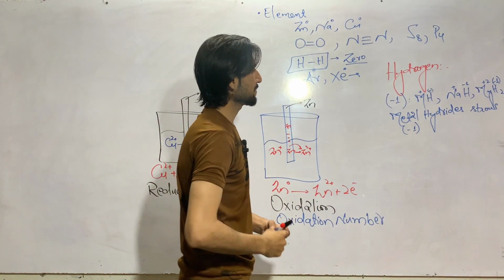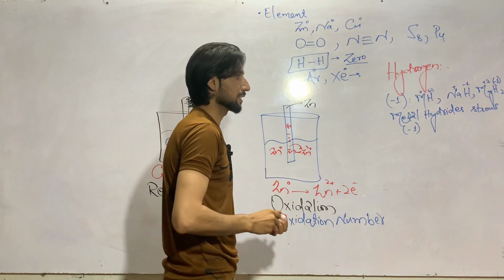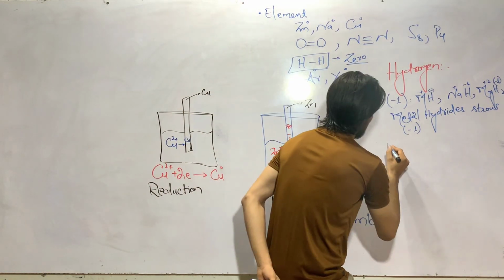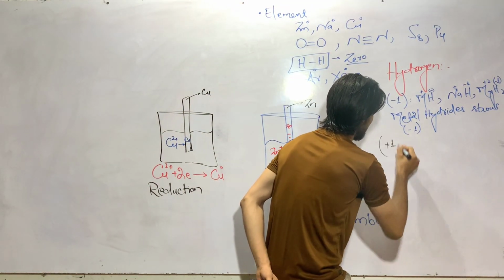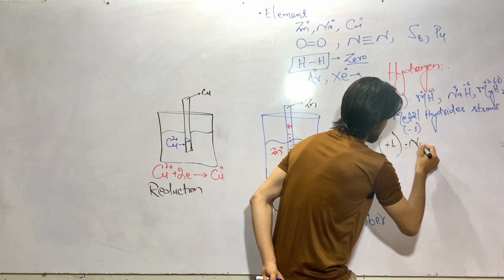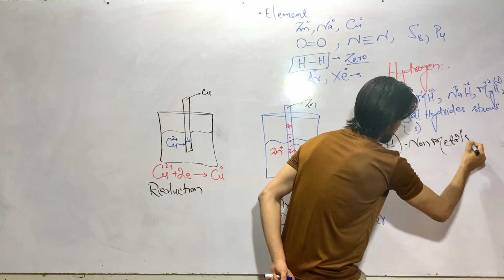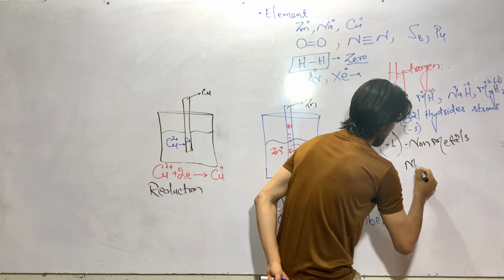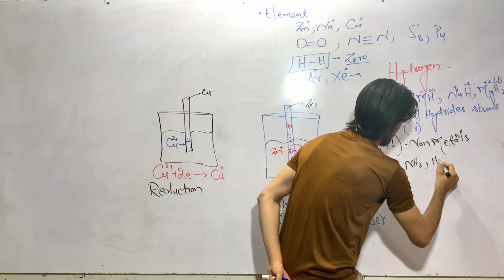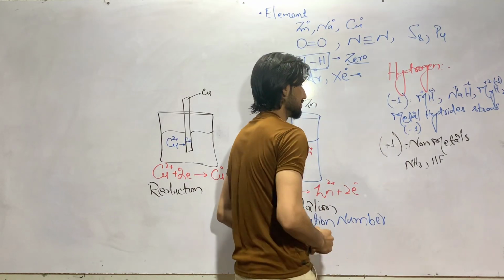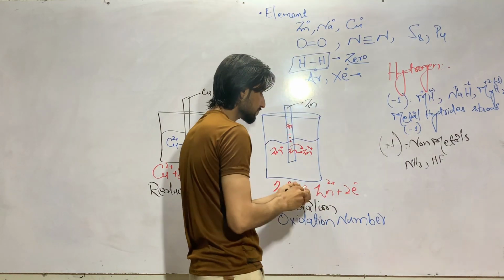But with non-metals, you will find it in +1 oxidation state, like NH3, like HF, like HBr, like HCl, etc.